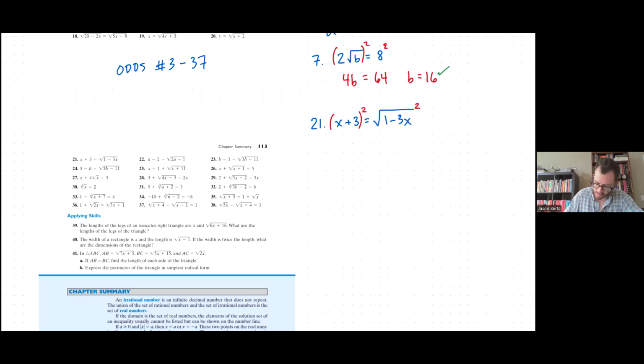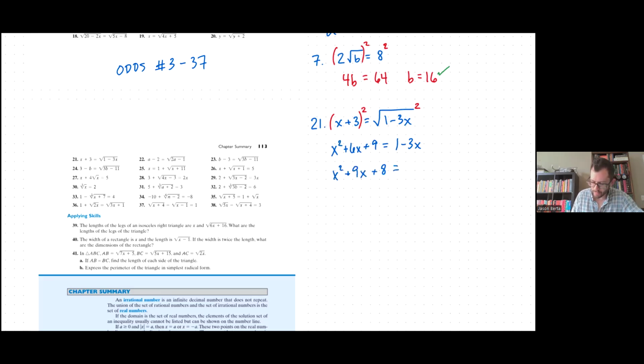Foiling x plus 3 squared is x squared plus 6x plus 9. That equals 1 minus 3x. Let's set this equation equal to 0. So I'm going to add 3x to the 6x, and I'm going to subtract 1, leaving me with this quadratic.